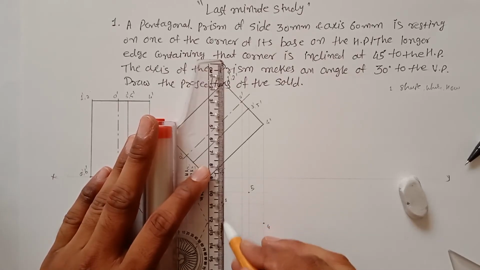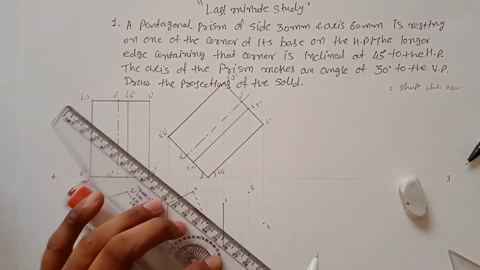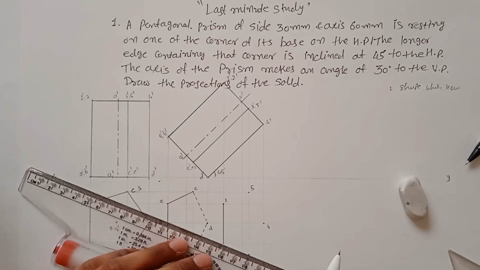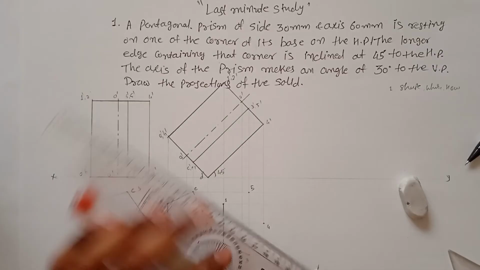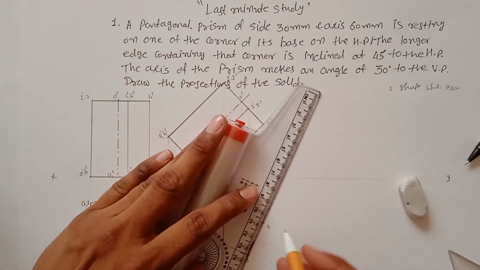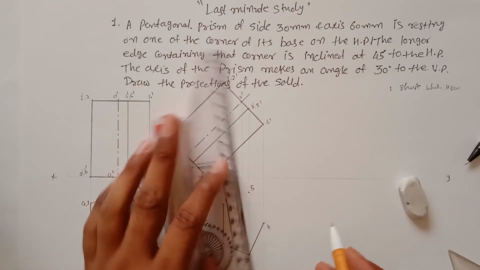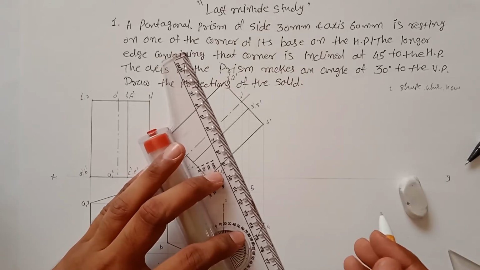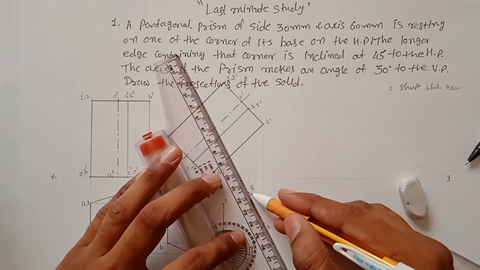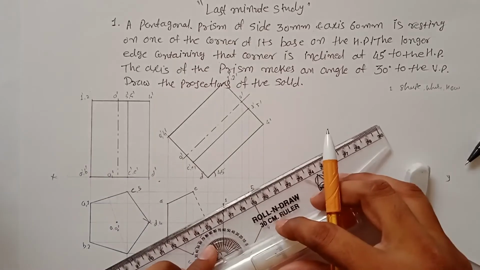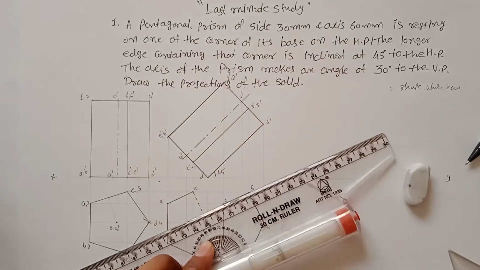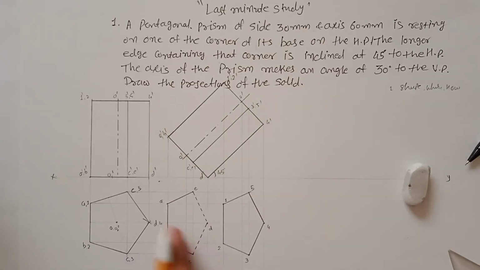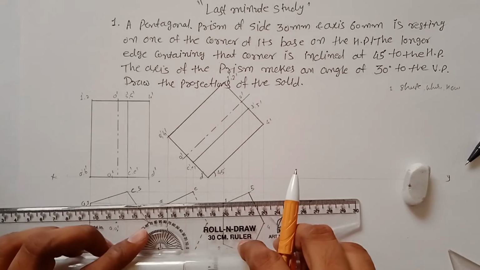Then 1, 2. This topmost part is visible because it is in your sight. Now we have to join the respective corners, A with 1.